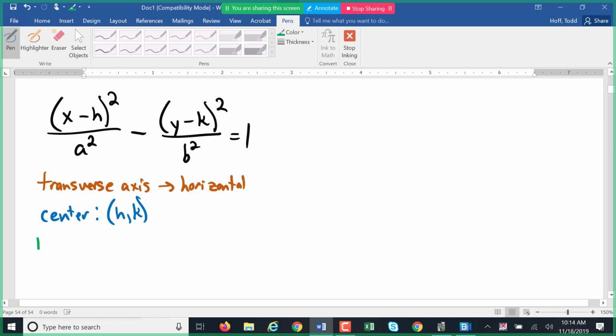The vertices are at (h minus a, k) and (h plus a, k). What that's saying is that a here tells us from the center how far we go to the left and the right.